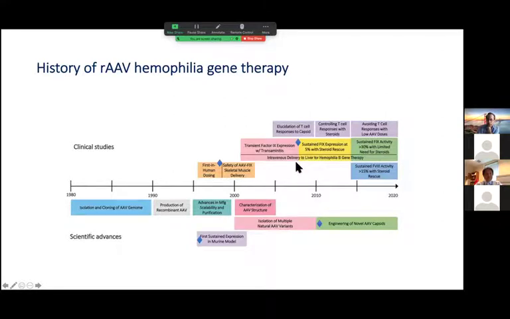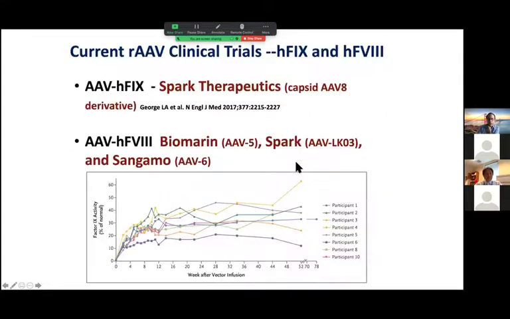There have been a number of trials that look very promising for AAV. For AAV human factor IX, the most advanced trials are from Spark Therapeutics, and these studies have been published. uniQure and some other companies also have variants on the AAV factor 9 vector.